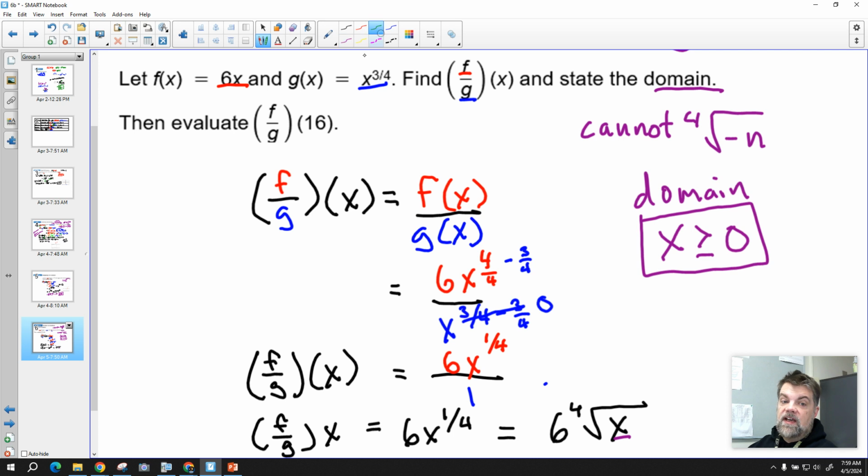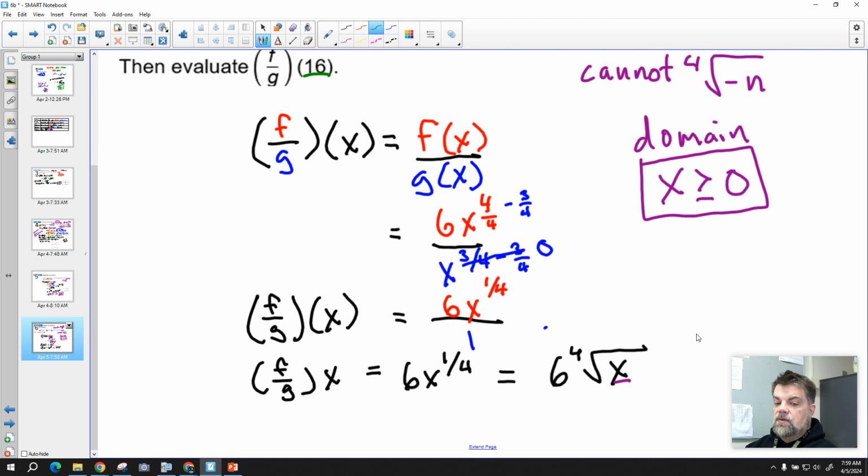Because I can't take the even root of a negative number. Lastly, before we forget, they want us to evaluate this at 16. So I'm going to have to say f over g of x. Well, not of x. Actually, it's of 16, right? So wherever there's an x, I'm going to plug in 16.